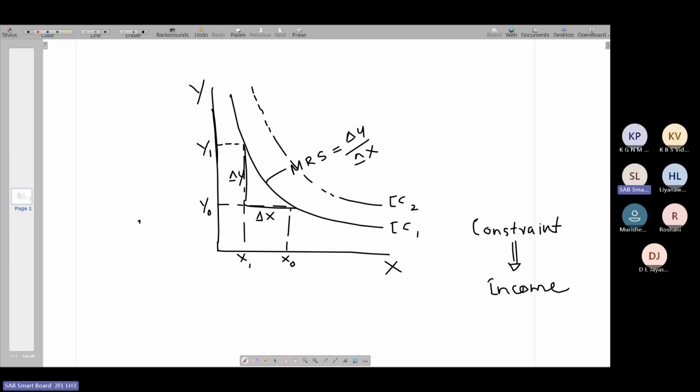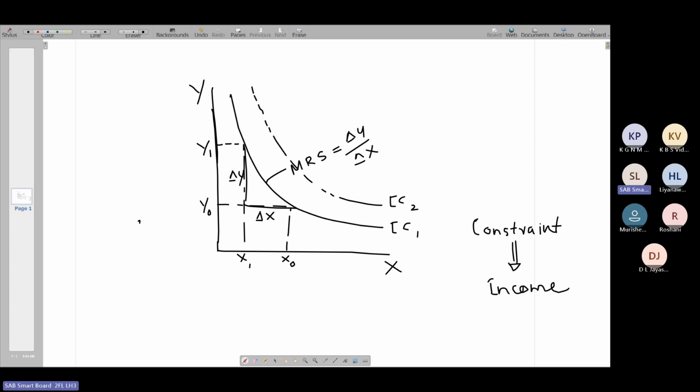So when you draw the indifference curve, we explain different equilibrium points that the consumer can consume and get the equal level of satisfaction, with other factors remaining constant. The basic other factor that we assume is the income, and all other factors that affect the consumption remaining constant.